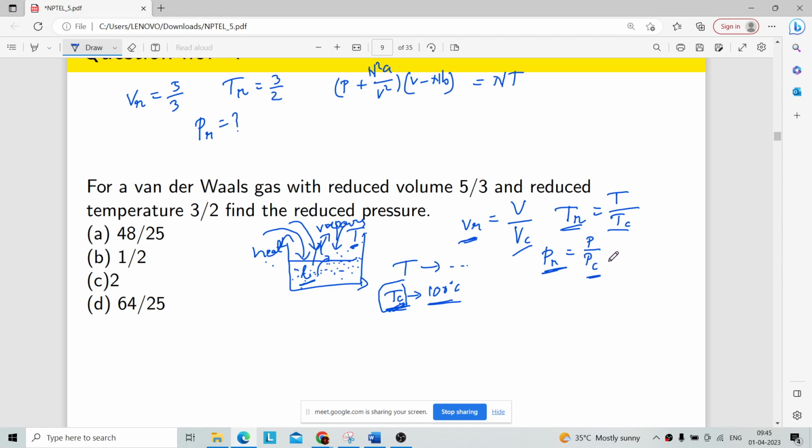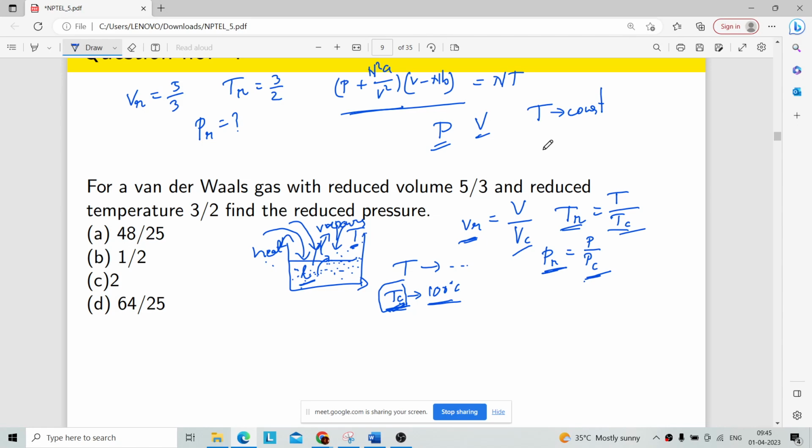And we can derive this critical temperature, pressure, and volume from the van der Waals equation itself. We can take two variables like pressure and volume, and we assume the temperature is constant initially, right?